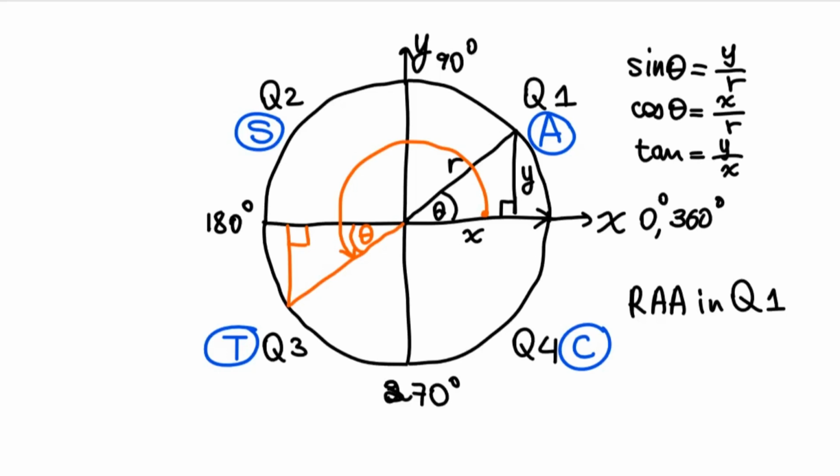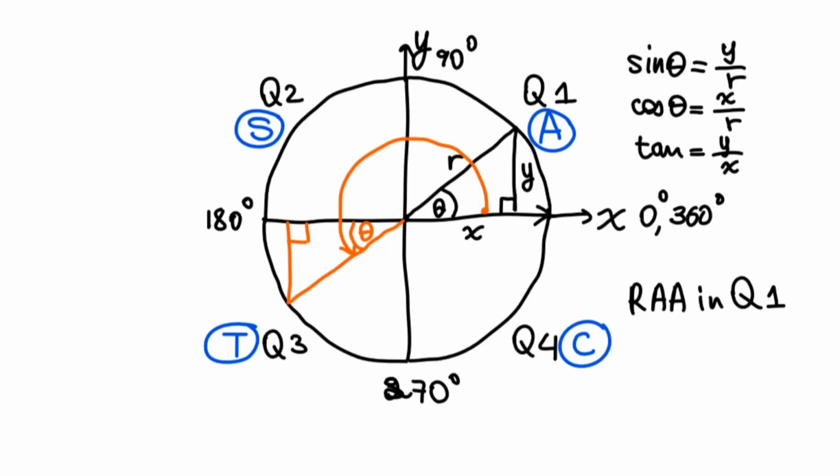So if I wanted to determine the sine ratio of the principal angle here, it will equal the same value as the sine ratio of this related acute angle, but negative, because sine is negative in quadrant 3, where only tangent is positive.